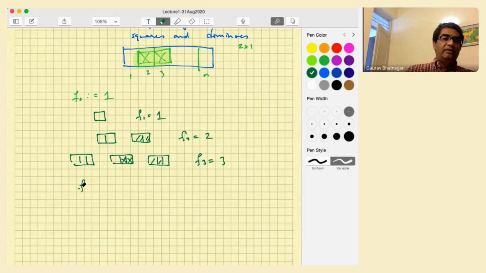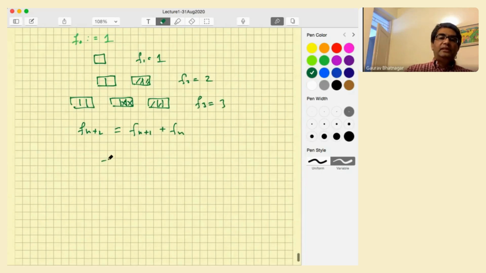So f(n+2), I want to prove this. This is the number of ways of tiling n plus 2 squares. And so there are 2 cases. One is that the last piece is a domino.